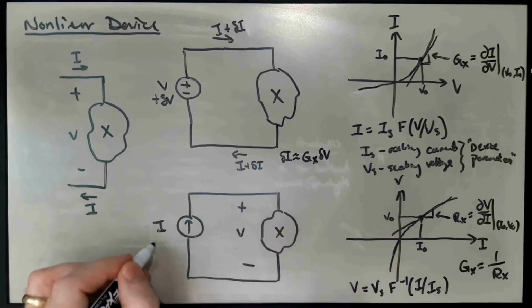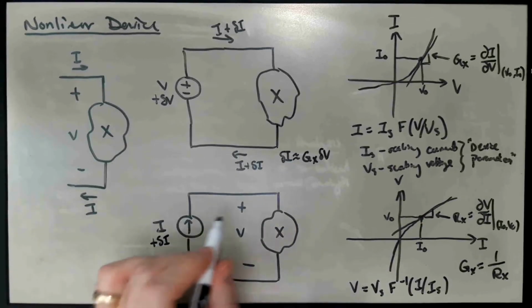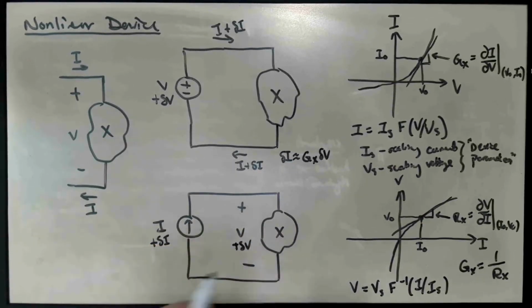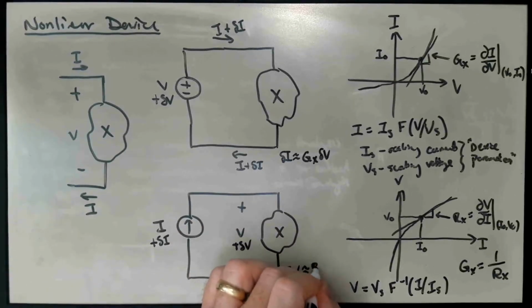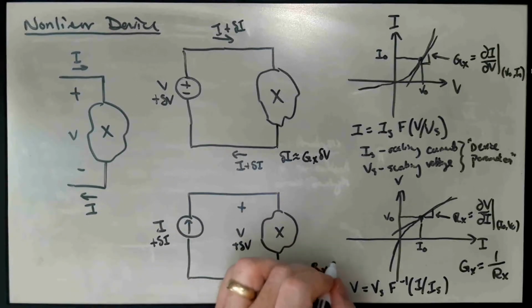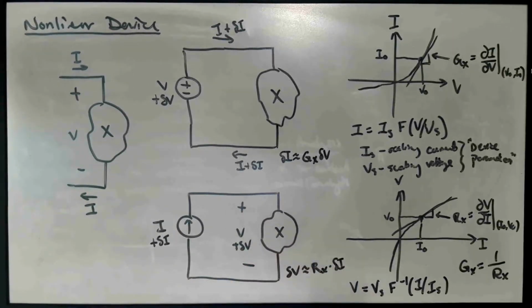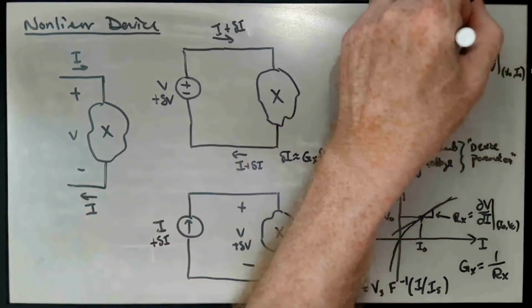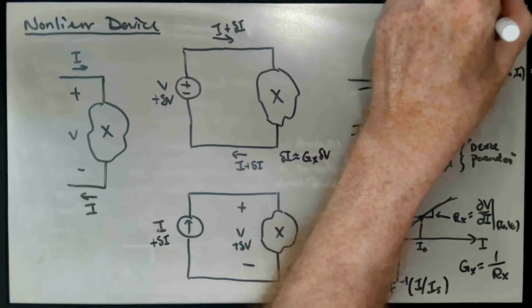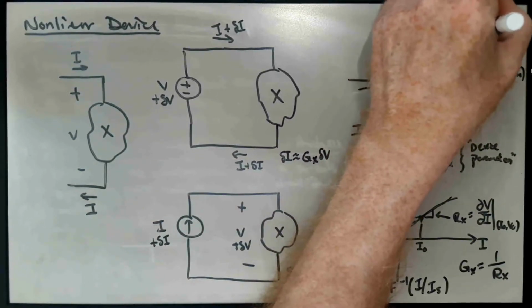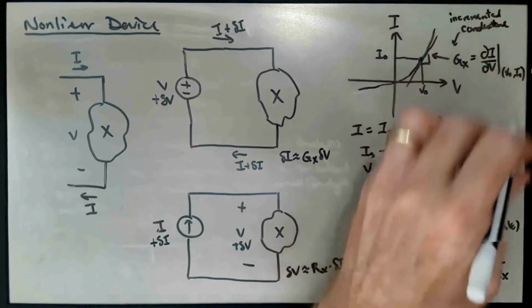Here, if I increase I by some little delta I, V will increase by some delta V, and the delta V will be approximately equal to R sub x times delta I. So this is incremental conductance, and this is incremental resistance.